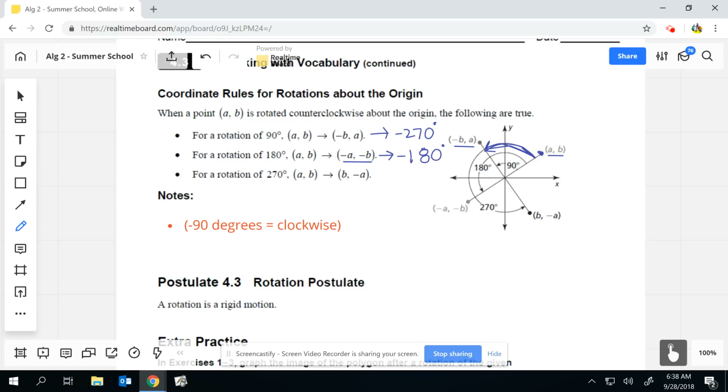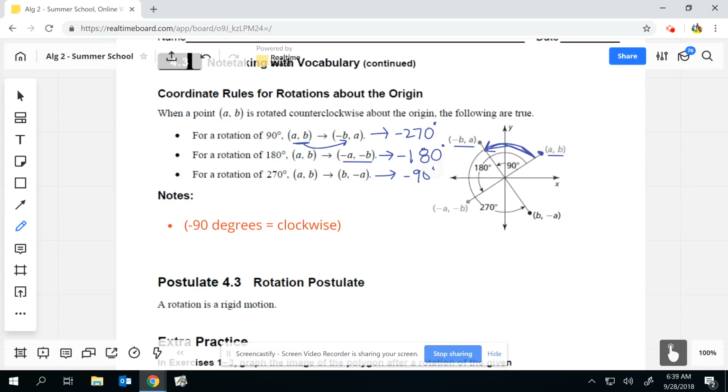Just taking (A, B) and making it (negative A, negative B). The rotation for 90 degrees is kind of a little bit of a challenge, because with (A, B), you've got to switch them around and you got to change the sign of the B. So (A, B) is going to become (negative B, A). And then 270 is the same as negative 90.